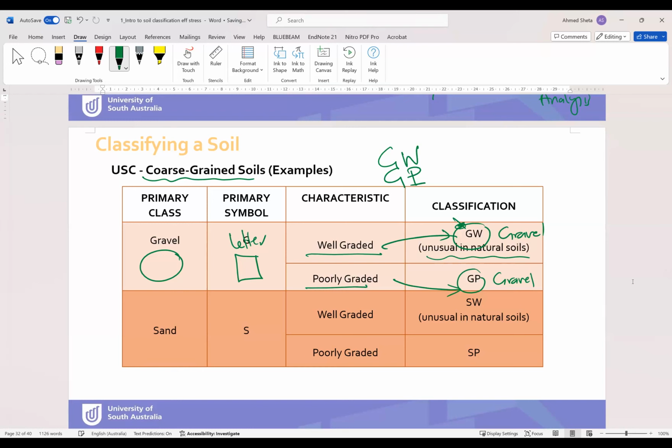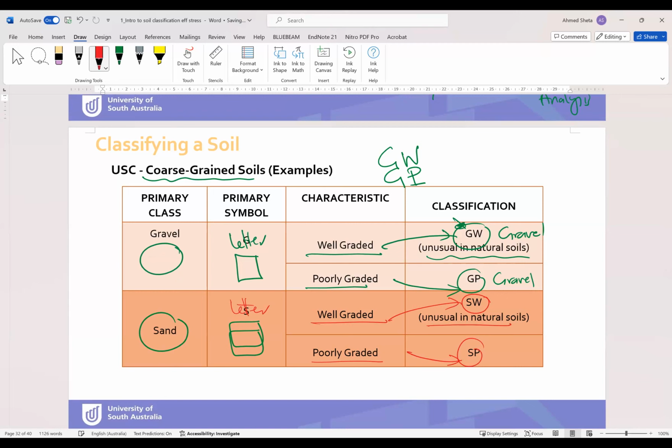The other coarse soil we have is sand. Sand has the symbol S. This is the first letter. It can also be well graded or poorly graded. If it is well graded, it is SW. If it is poorly graded, it is SP. Also, well graded sand is not available in natural soil, but it can be in artificial soil.